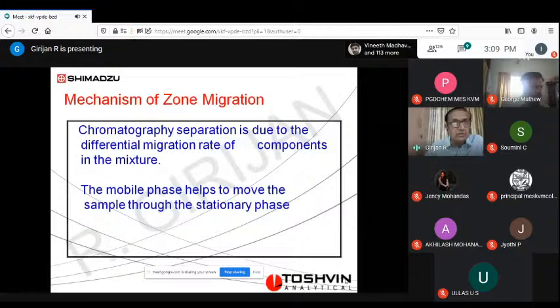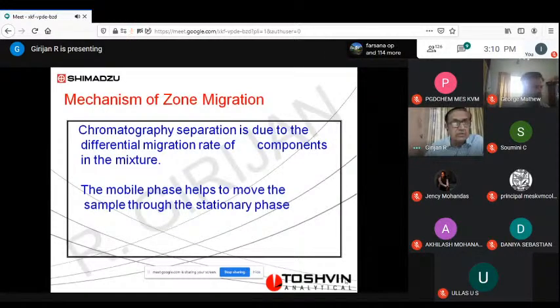At the same time, compound A, since it is liking the stationary phase, is spending a little more time inside the column, and it will move very slowly, and finally that also will come out, but it will come out much later.